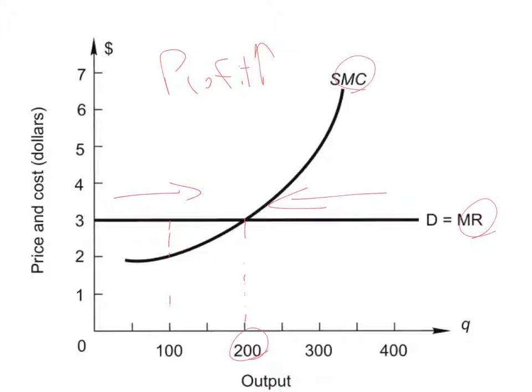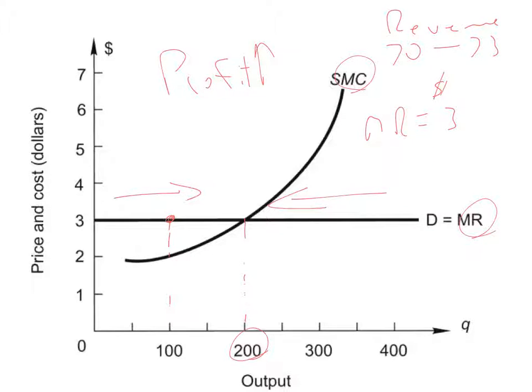Well, at 100 units, the marginal revenue is $3. That means if we produce 1 extra unit, revenue will rise by $3. Revenue will go from, say, $70 up to $73.